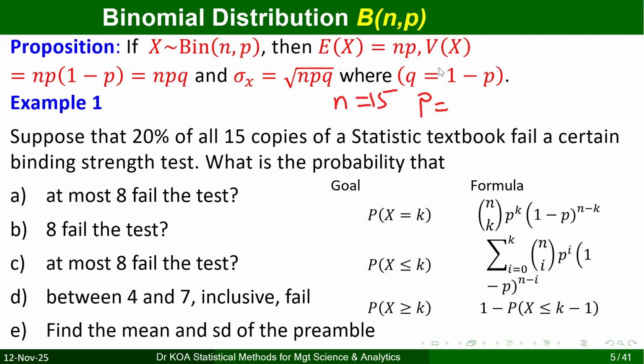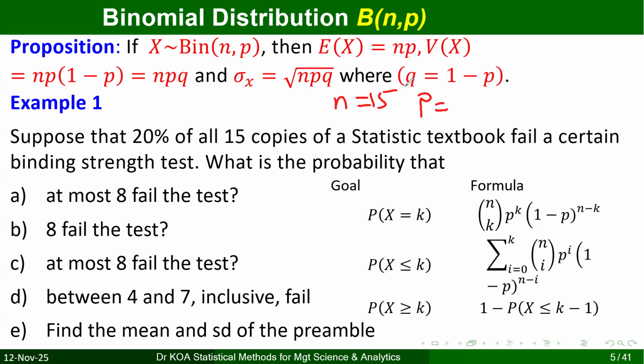What is the next variable? P. What is P here? If P is our success, then P is not our failure. P is the probability of success. So what is P? So that'll be 1 minus the fail.